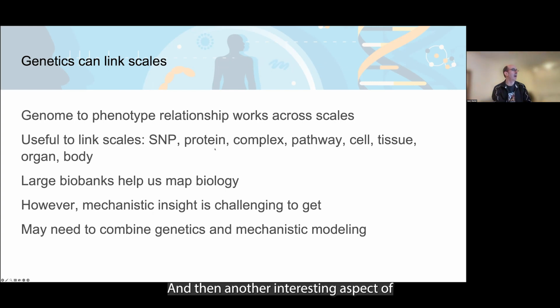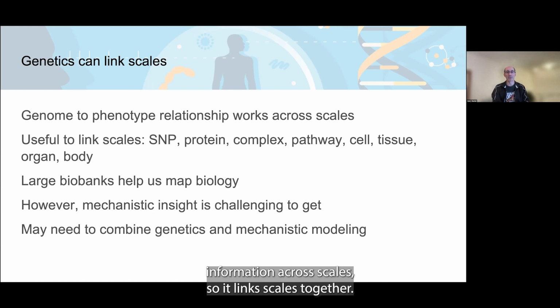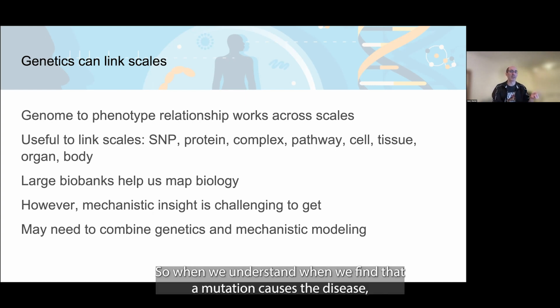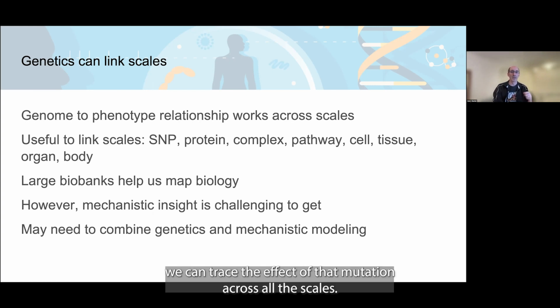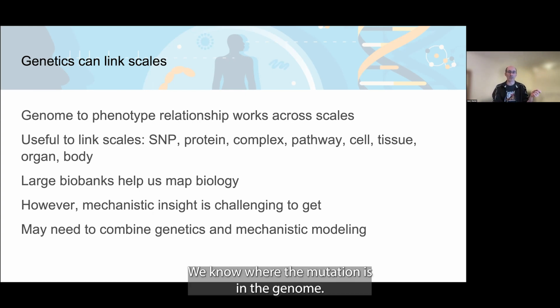Okay, and then another interesting aspect of existing data is genetics. And it's interesting because it maps information across scales, so it links scales together. So when we find that a mutation causes a disease, we can trace that effect of that mutation across all the scales. We know where the mutation is in the genome.